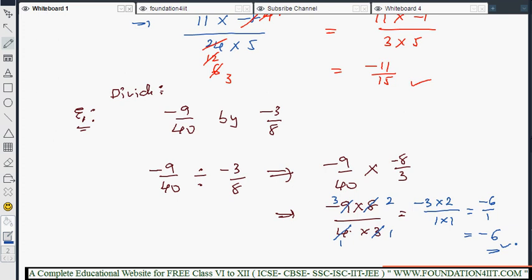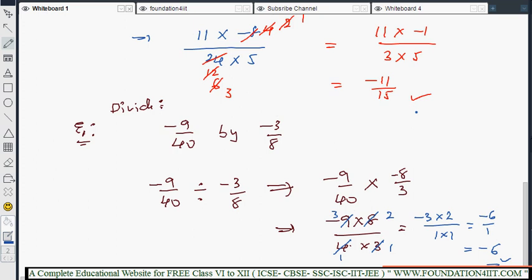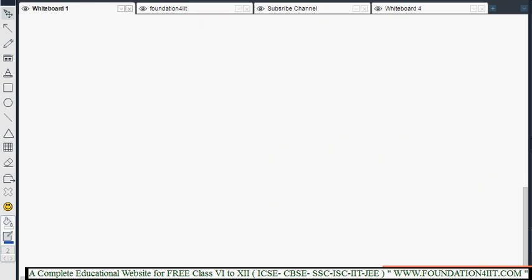Division also has some properties. I'll explain some properties of division of rational numbers.